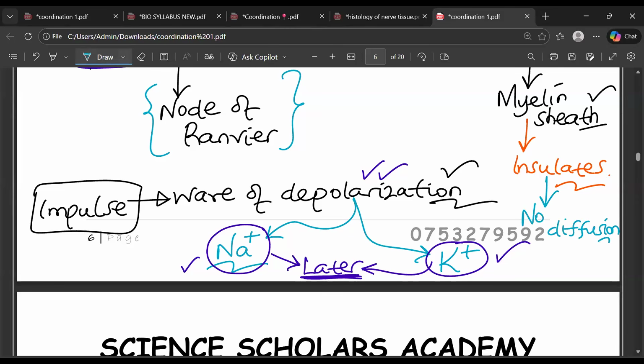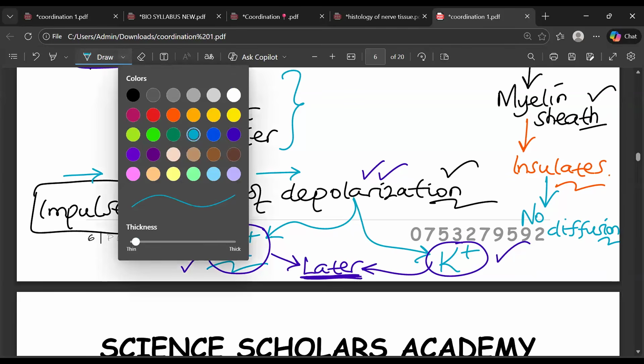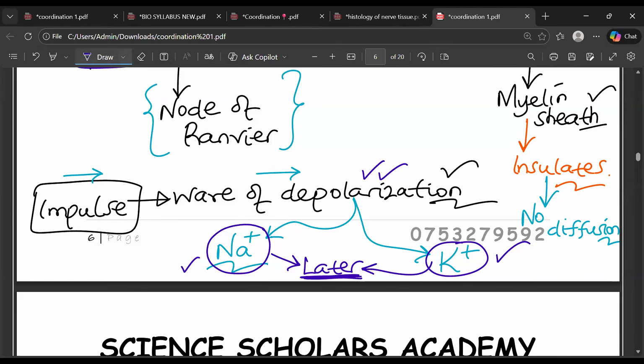The impulse moves like a wave of depolarization, and depolarization means that we are evoking, or it is related to, the action potential. The moment depolarization starts, finally we shall evoke the action potential.